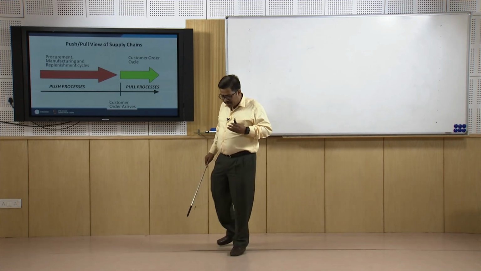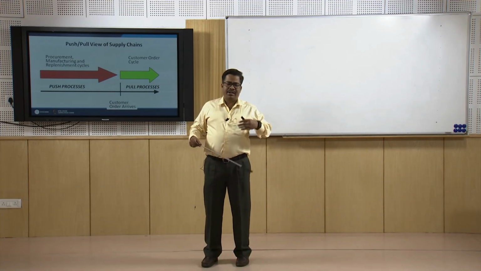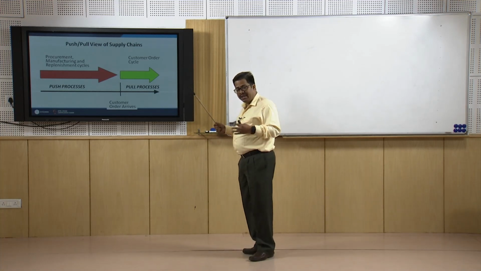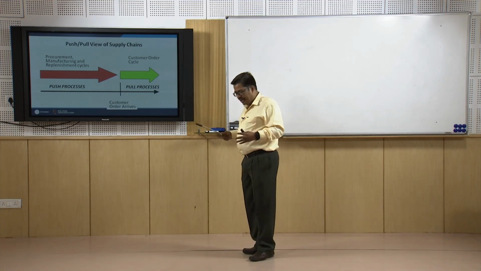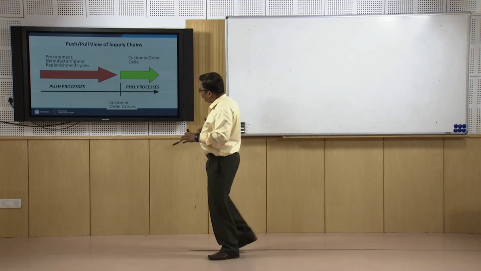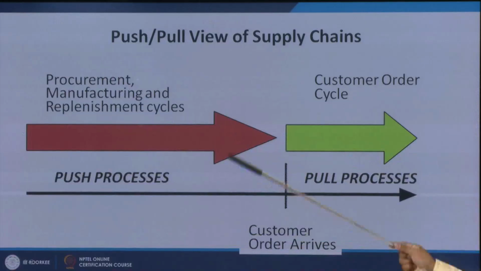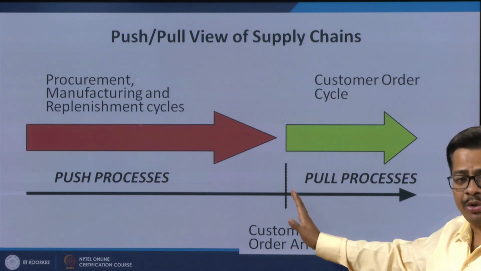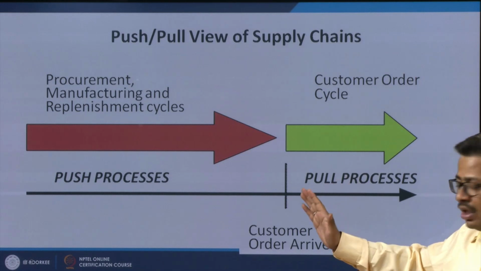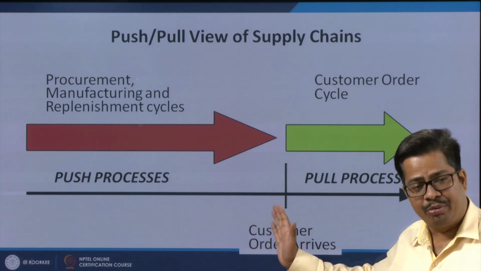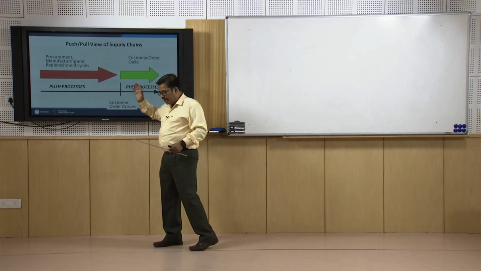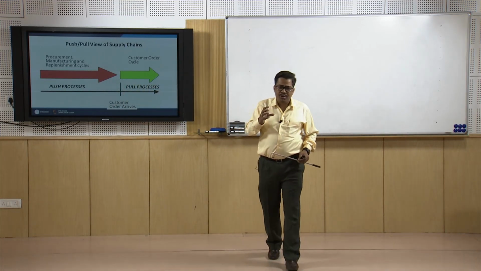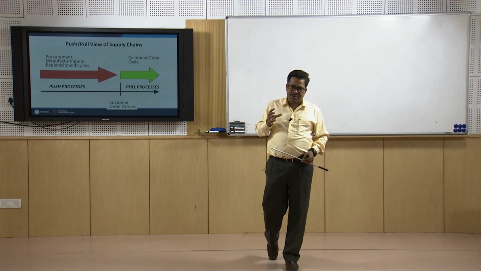Now for a manager, for a decision maker, with the help of data, with the help of our supply chain analytics, the very important job with respect to push and pull is to identify the correct boundary of these processes. Where should we keep our boundary of push and pull processes, which is that point in the supply chain, and probably this is one of the most crucial decisions a manager has to make.